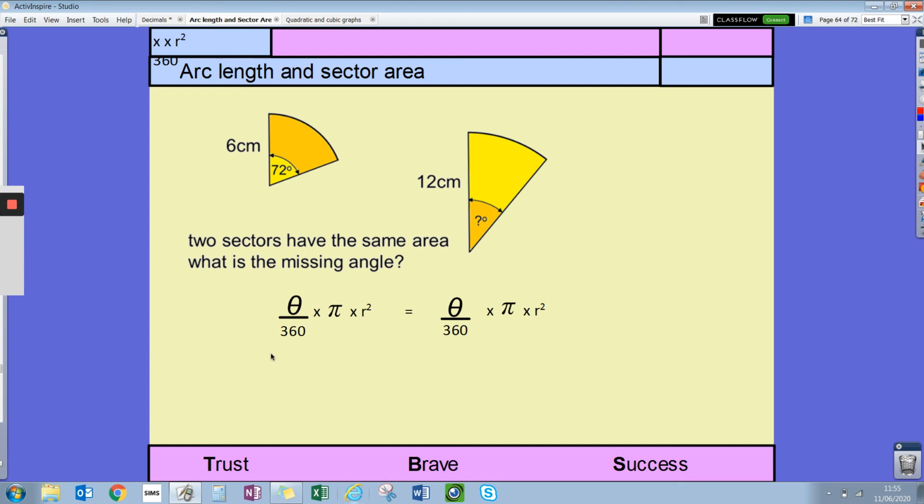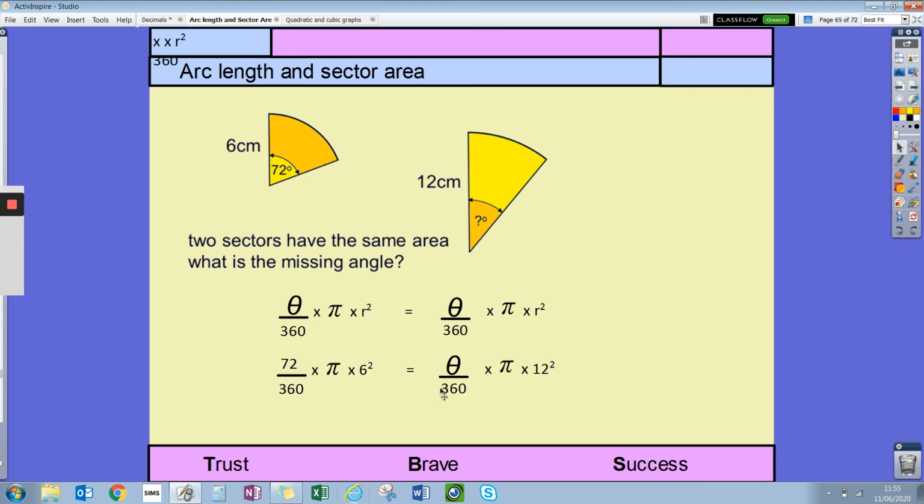I'm going to concentrate on this side first, and then I'm going to use this in a minute to calculate the area of the left-hand side. So I've got 72, the angle, out of 360 times pi times 6 squared. And then on the right-hand side, the angle I don't know yet, divided by 360 times pi times the radius squared, which is 12 squared.